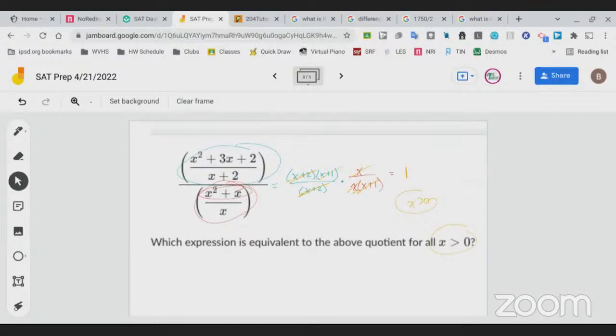A negative number, 0. Yeah, you're not allowed to plug in a -2, it'd give you a 0 in the denominator. You're not allowed to plug in a 0 because that would give you a 0 in the denominator. And you're not allowed to plug in a -1 because that would give you a 0 in the denominator. So they just simplify that by saying for all values x greater than 0.